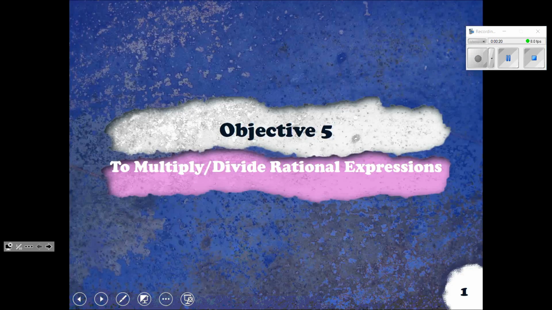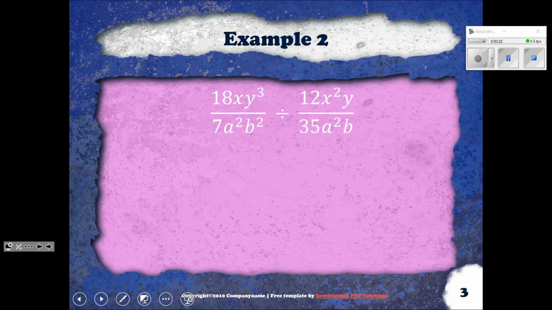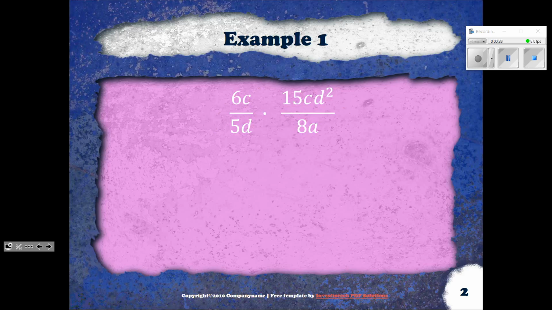So here we go. We're going to start with example 1. We're going to start with monomials. First, does everybody agree that in each numerator and denominator, we just have monomials? Agreed?